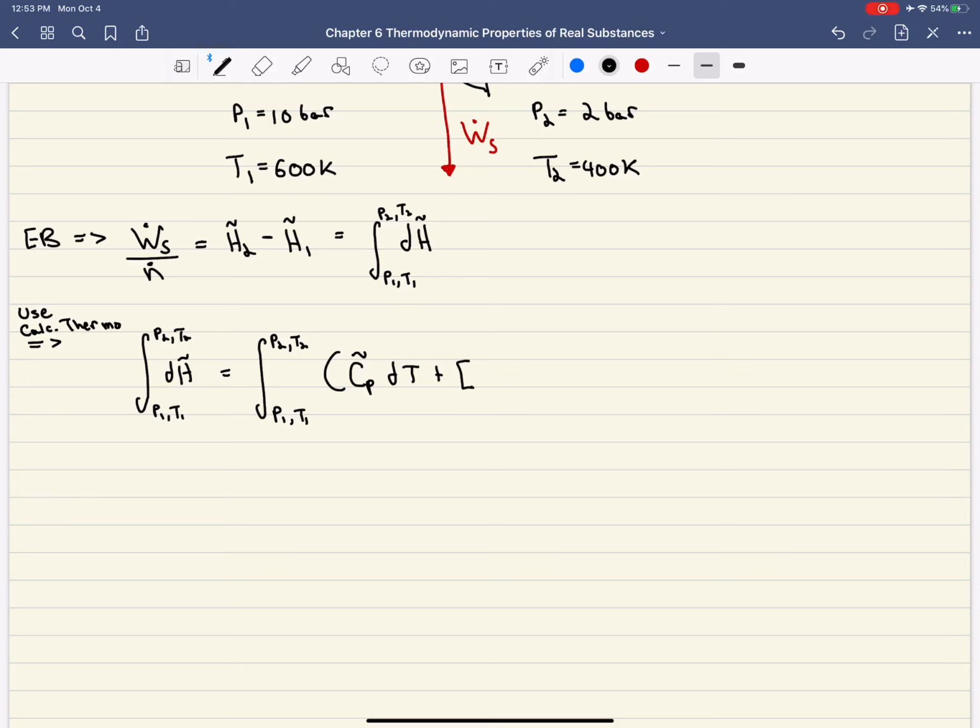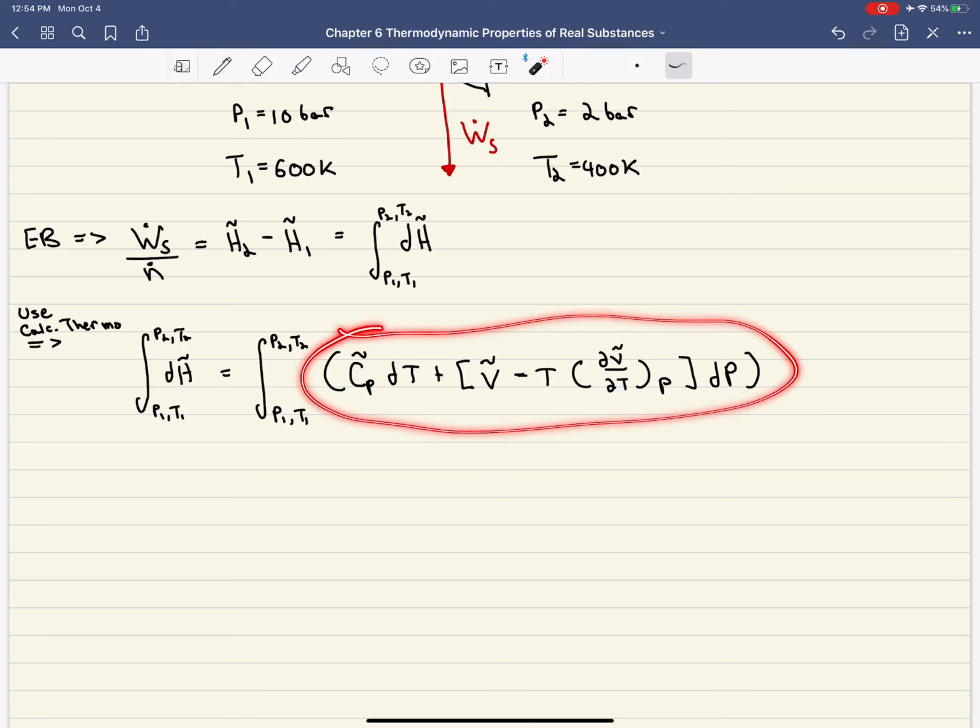It's kind of a long equation. Should be a round parenthesis. Using the calculus of thermodynamics, we could show that dH expands out to this.